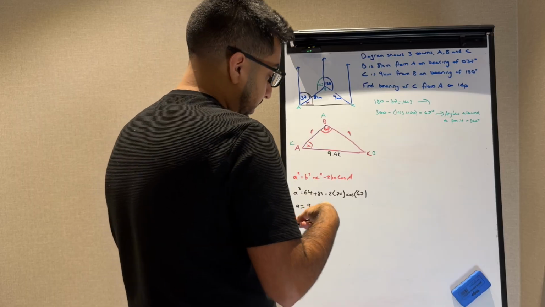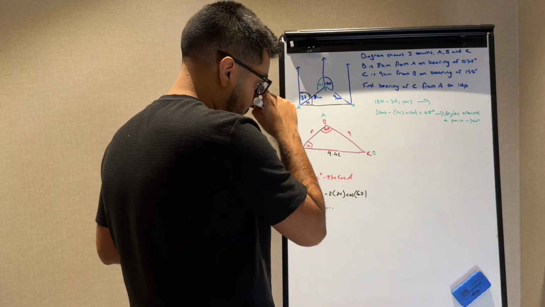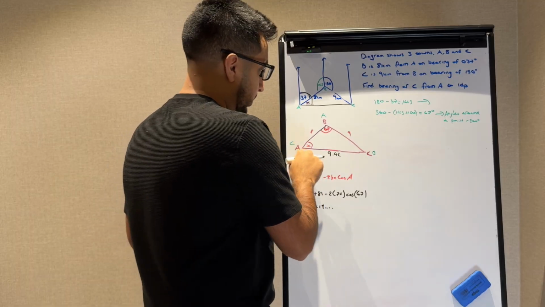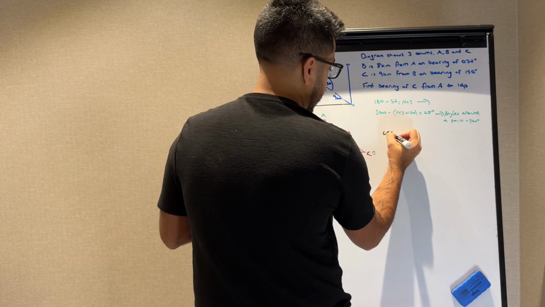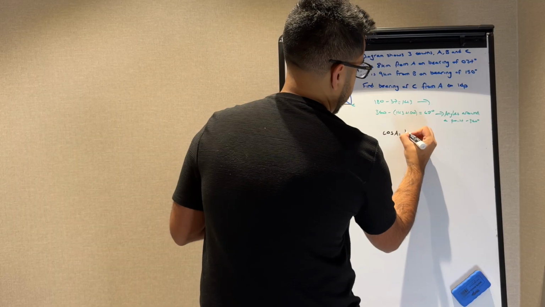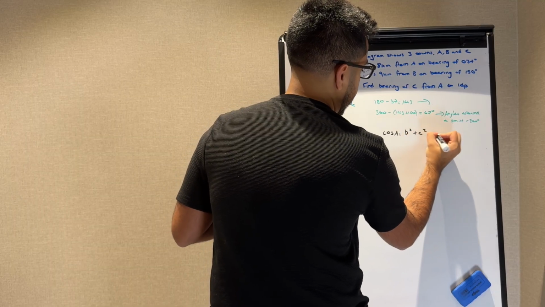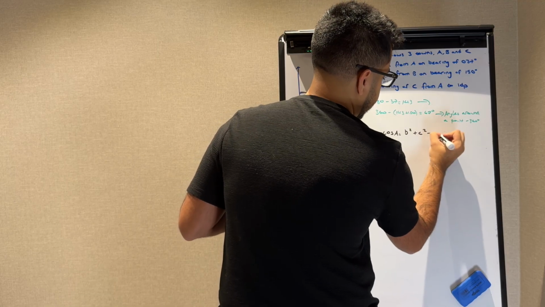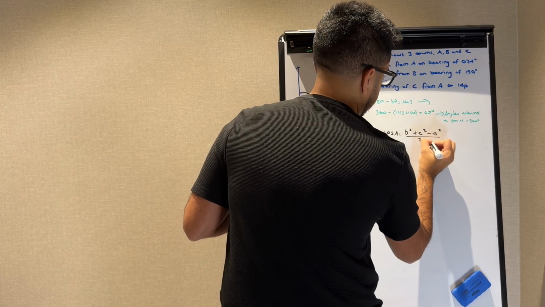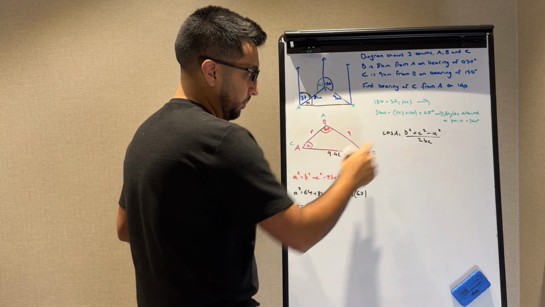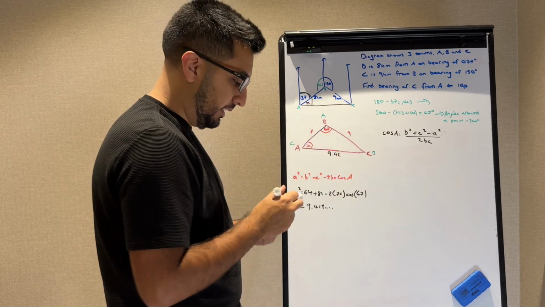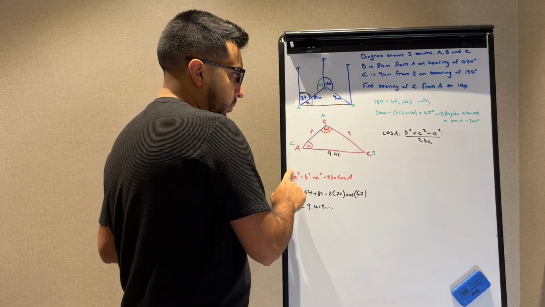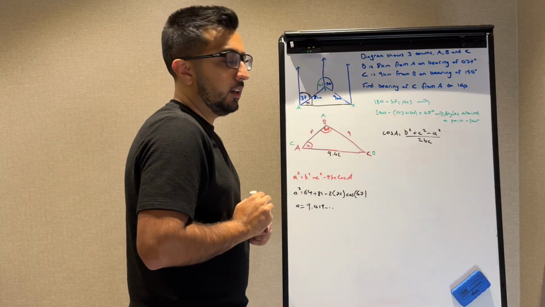Now we want to find angle BAC, so we can use the cosine rule, we can probably use the sine rule. I just prefer the cosine rule, so we will go with that. So we have cos A is what we want to find, which is given to us by b squared plus c squared minus a squared over 2bc. Now, I've actually got these both memorized in both forms. I always found it easier, though you could just learn this one and learn to rearrange it.